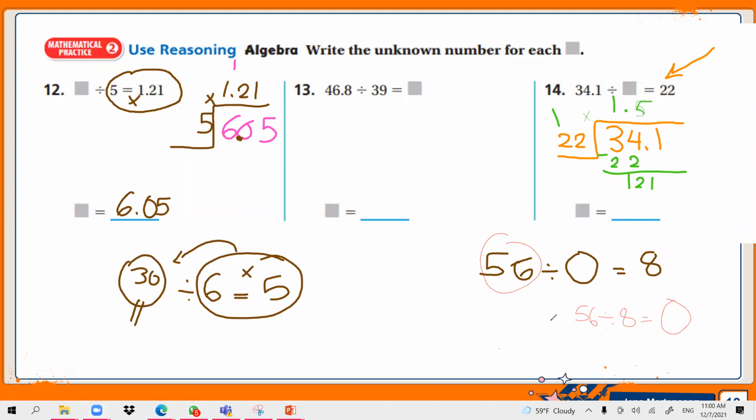Less than 6, which is 5. Yeah. 5 times 2, 10, plus 1, 11. Then 0. Then next here, what do you have?